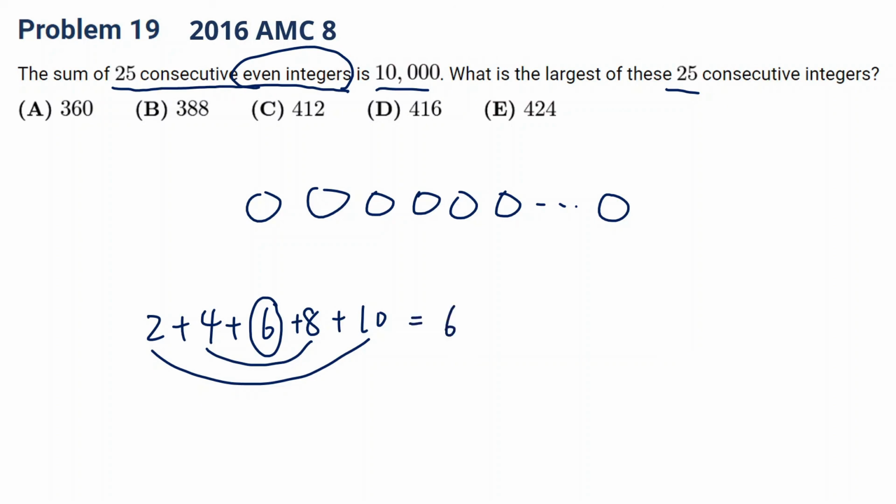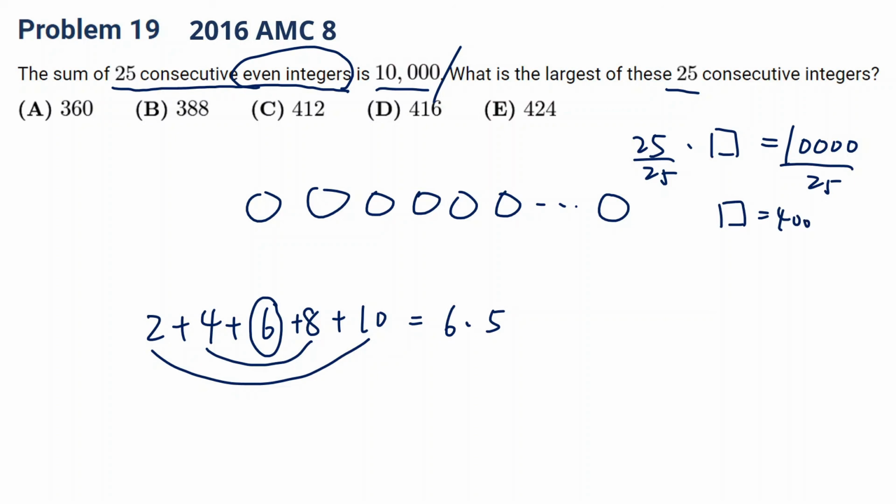The total will be 6, the middle number, times how many numbers? So actually the first sentence tells us 25 times the middle number will be 10,000. So the middle number is 10,000 over 25. That is 400.